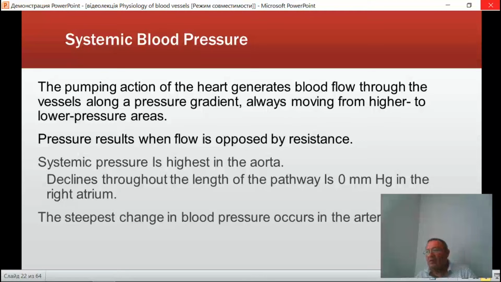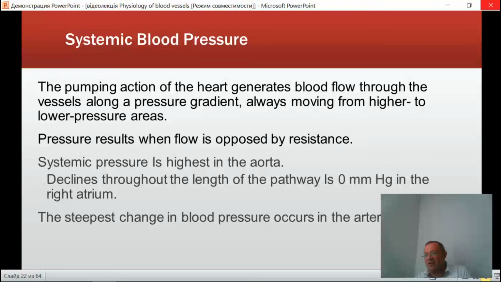Next, information about systemic blood pressure. The pumping action of the heart generates blood flow through the vessels along a pressure gradient, always moving from higher to lower pressure areas. Pressure results when flow is opposed by resistance.